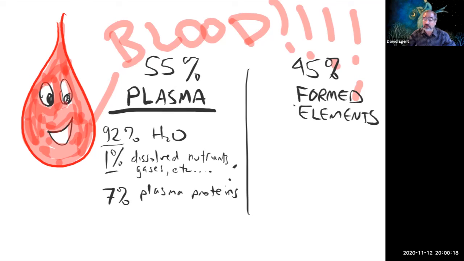There are actually lots of plasma proteins involved with clotting. Angiotensinogen, involved with the renin-angiotensin mechanism. There are also plasma proteins involved in just maintaining basic osmolarity. One of the most common plasma proteins is albumin.